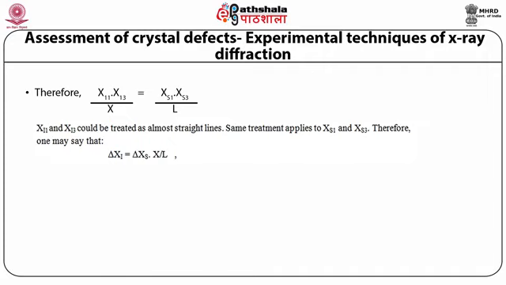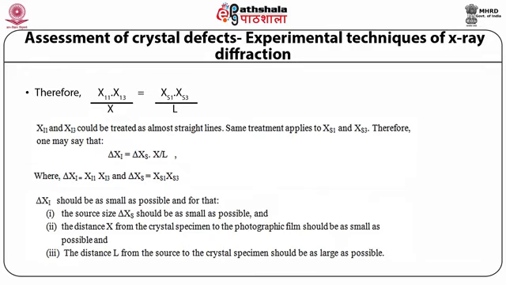Therefore, one may say that delta xi is equal to delta xs into x by capital L, where delta xi is equal to xi1 xi3, and delta xs is equal to xs1 xs3.